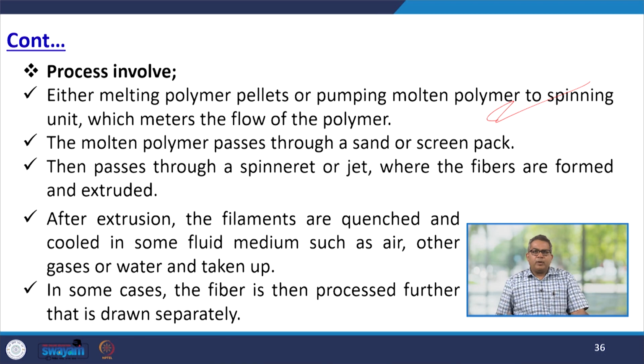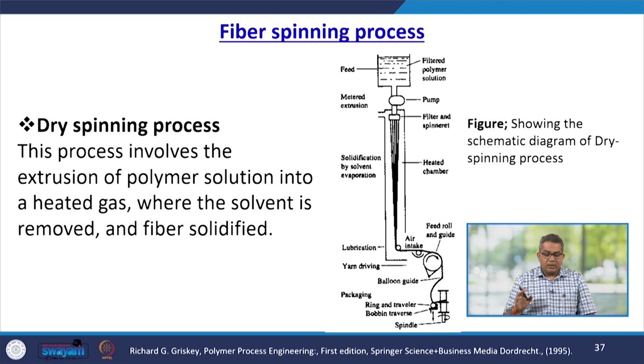The molten polymer passes through a sand or screen pack, then passes through the spinneret where the fibers are formed. After extrusion, the filaments are quenched and cooled in some fluid medium such as air or other inert gases or water, and are taken up. In some cases the fiber is then drawn separately.